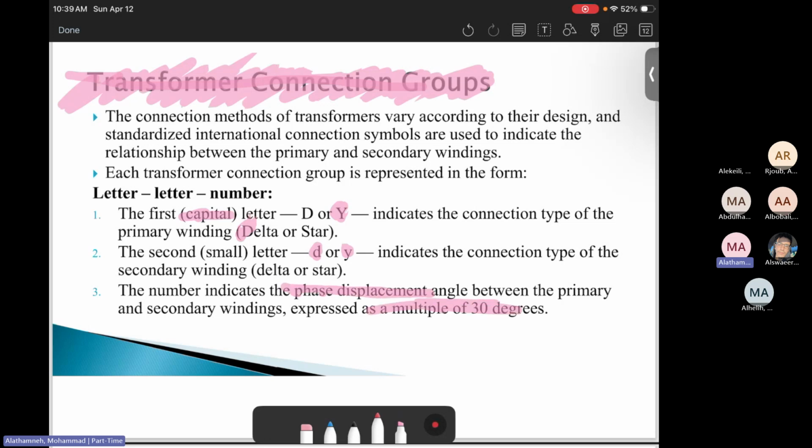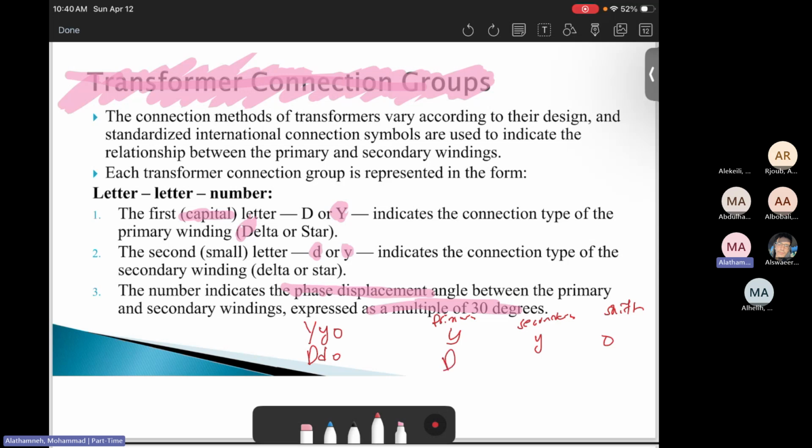As an example, assume there is Yy0. This means the primary is Y, the secondary is Y, and the displacement angle, or shift, is 0. How about Dd0?